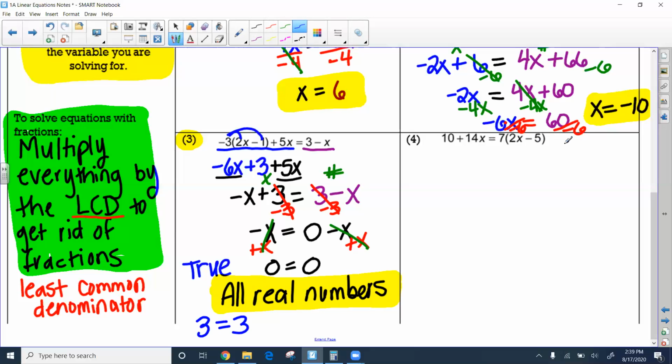We got one more example. All right, so go ahead and write down example 4. This is going to be our last example of the day.